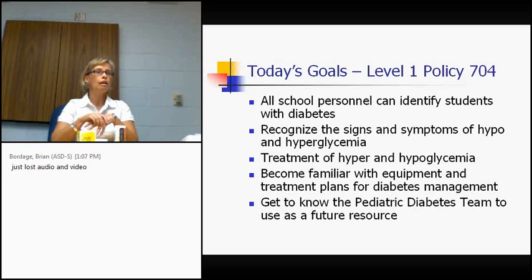We do realize that sometimes school personnel feel like they're being taken out of their comfort zone with some of the diabetes management, and we just want you to know that both families and the healthcare team of that student are here to support you.